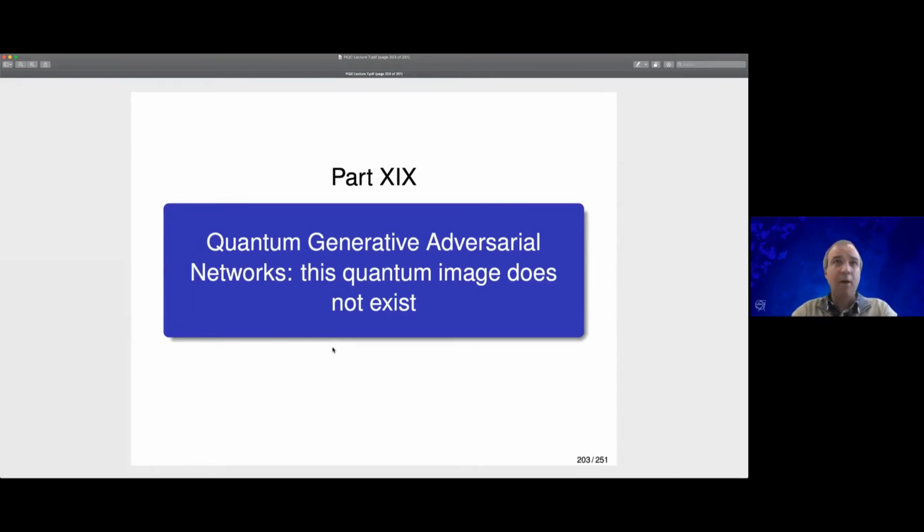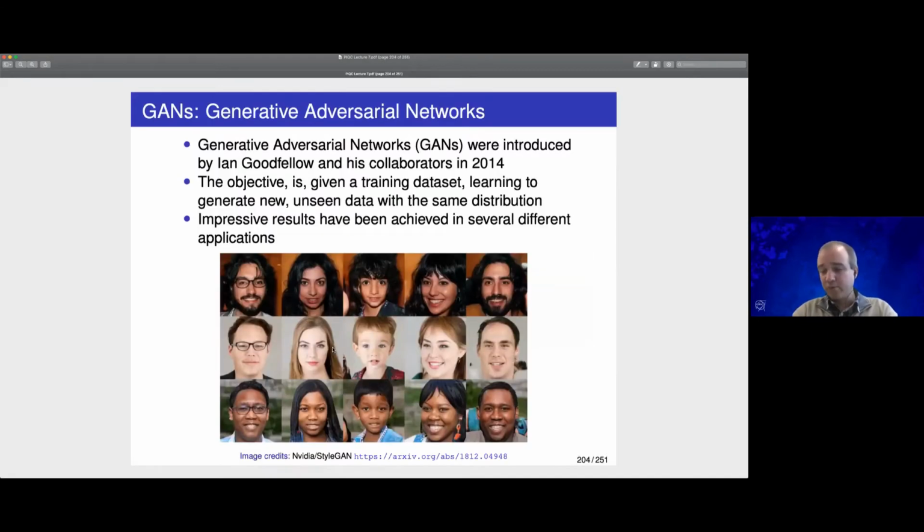And this is what is usually called quantum generative adversarial networks, which of course is the quantum version of the famous GANs, generative adversarial networks, that were introduced, if I'm not mistaken, in 2014, and since then have become extremely popular.